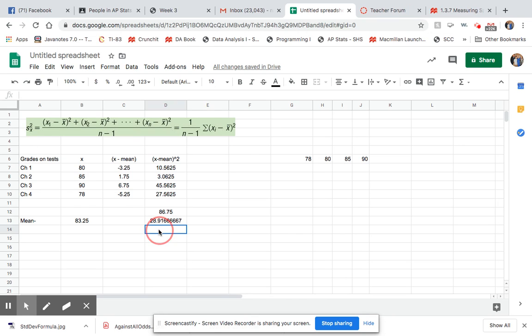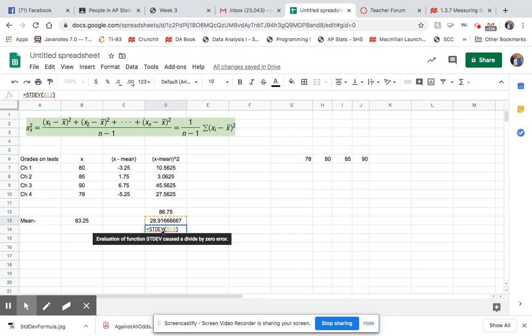So to get the standard deviation, I'm going to say equals STDEV. That's the formula in Google Sheets for standard deviation. And hit enter. Whoops, I screwed up somewhere there. Let's see what I did. Let's try again.